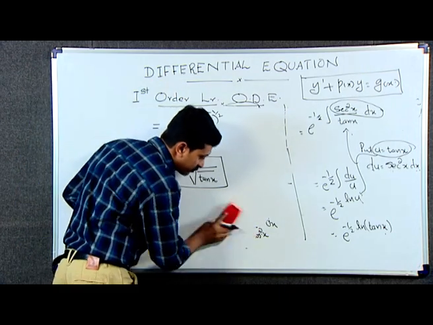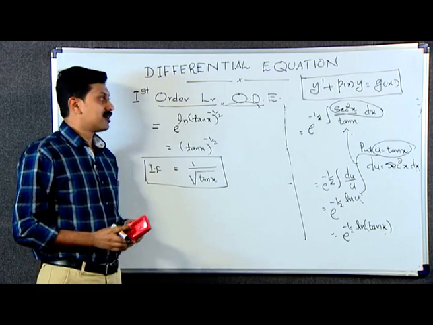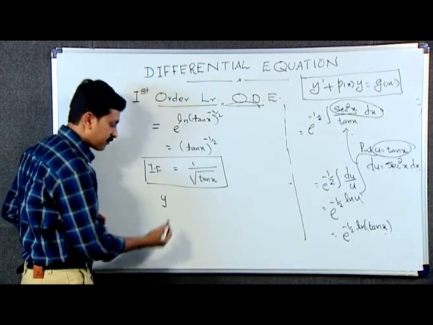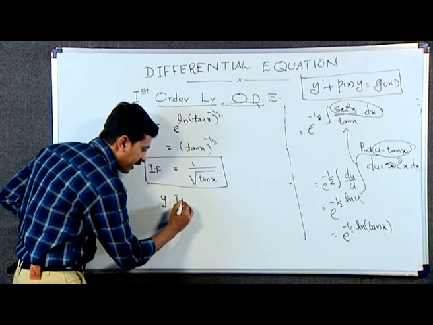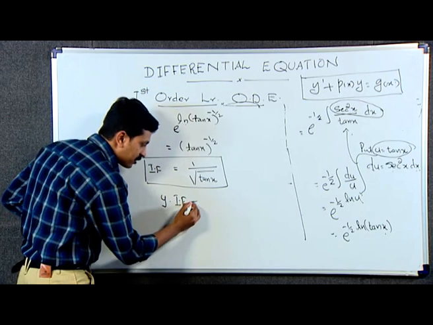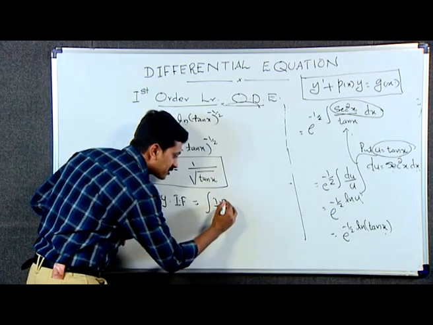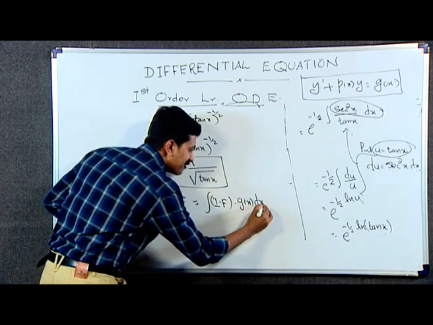Now, we have found our integrating factor. By the formula, we know the solution is y into integrating factor equal to the integral of integrating factor into g of x dx plus c.